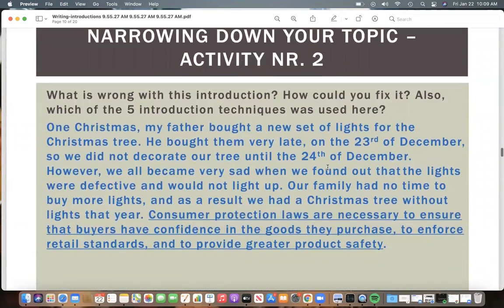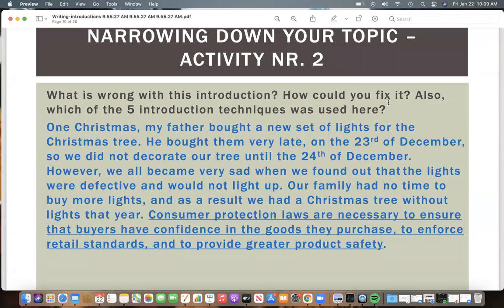So narrowing down your topic, is asking what's wrong with this introduction. How could we fix it? Just by the fact that it's on the narrowing down your topic slide, you can kind of guess that it has something to do with that. But just reading over this: One Christmas, my father bought a new set of lights for the Christmas tree.